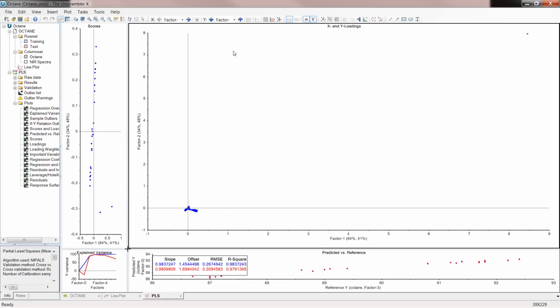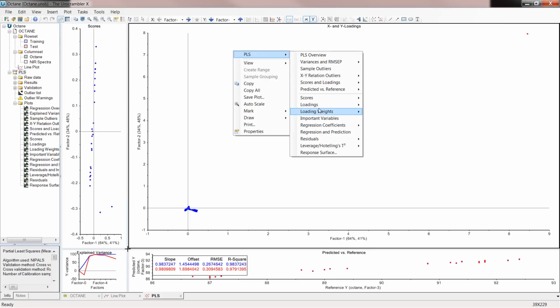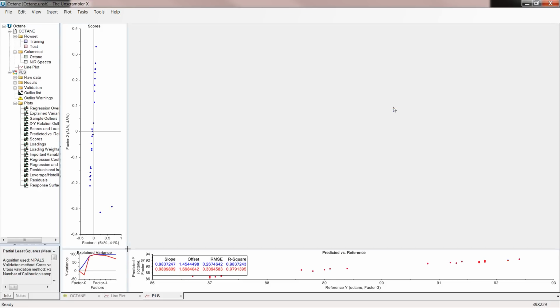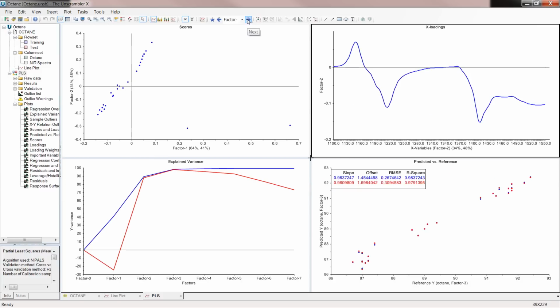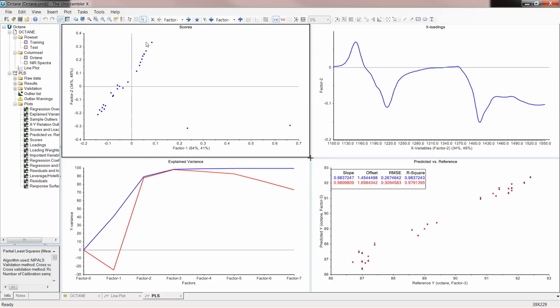Because we have spectral data here, we want to look at this in a line. And as we see, factor 1 has this OH peak that we saw with the additives, so that makes sense. And then factor 2 is the one that includes your hydrocarbons. You can see this in your scores plot quite easily as well.